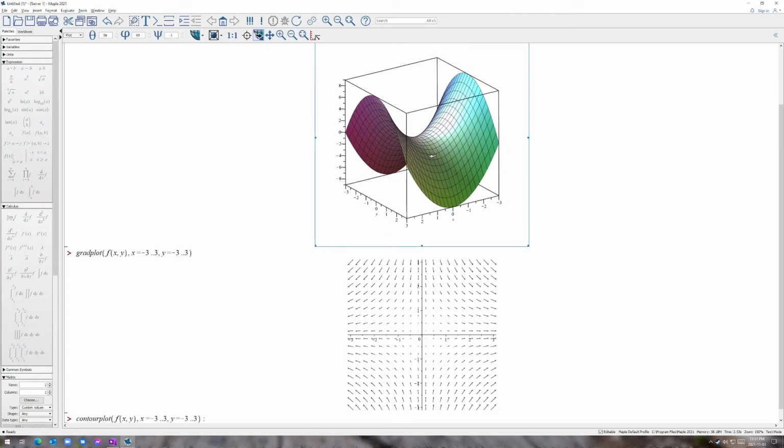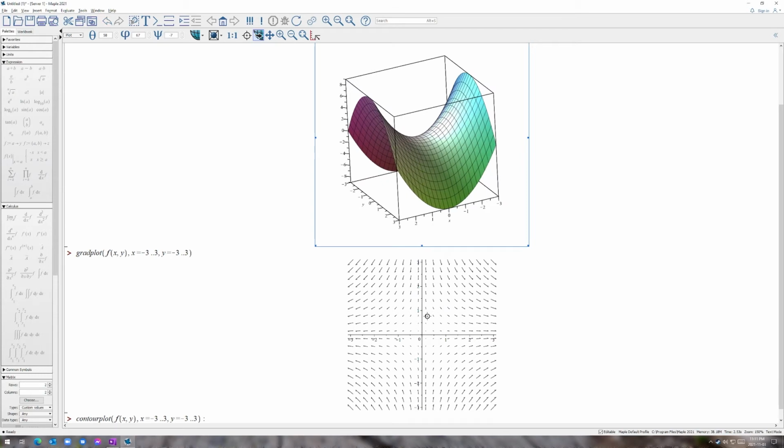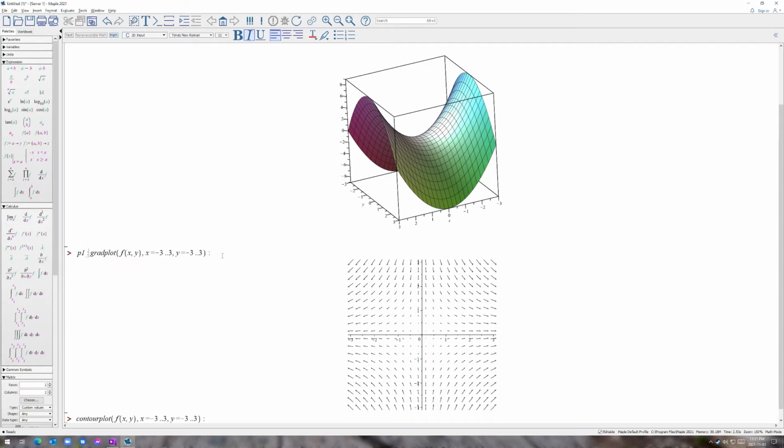We've got our hyperbolic paraboloid, and we've got gradient vectors that seem to have this interesting asymptotic behavior, and we've already seen that the actual gradient vectors themselves point exactly along the x and y axes for any points along the two axes. Why don't we go ahead and hide this gradient plot for a second and call it P1.